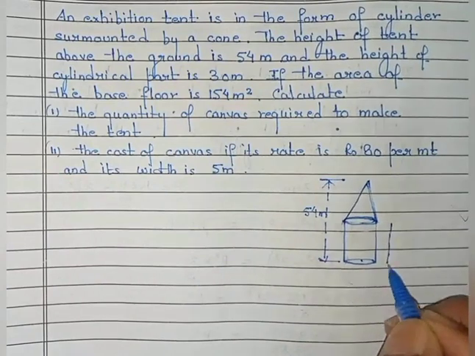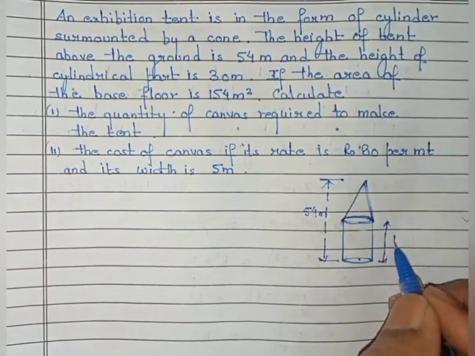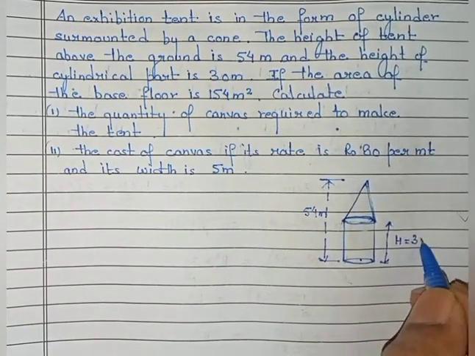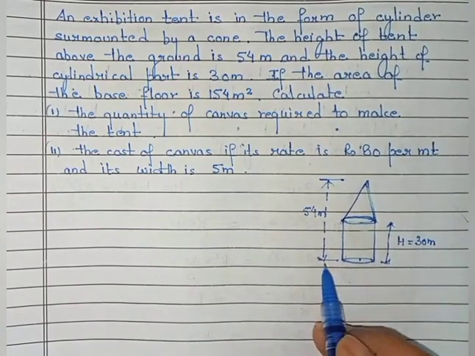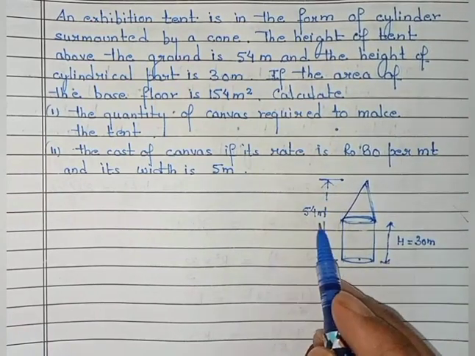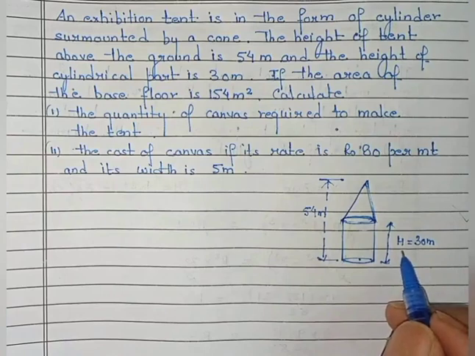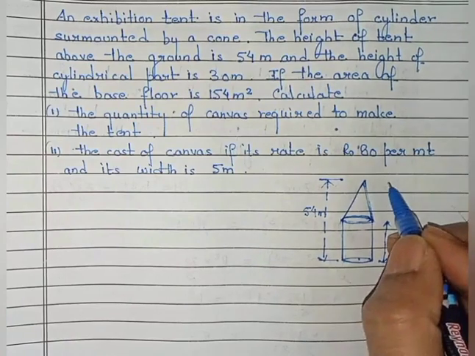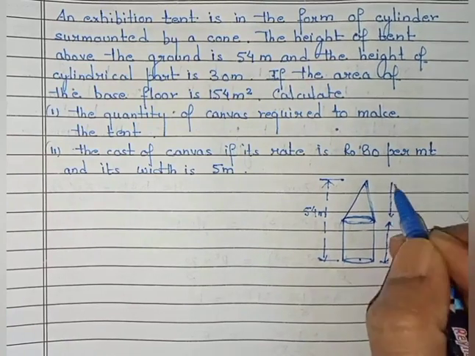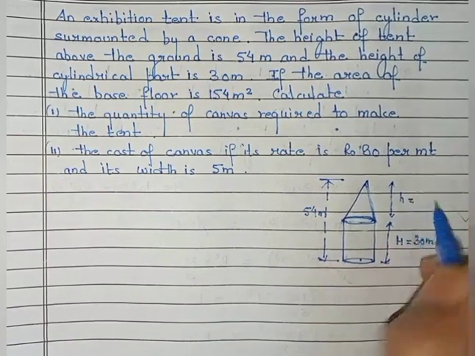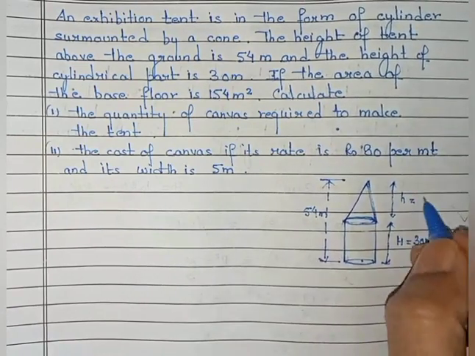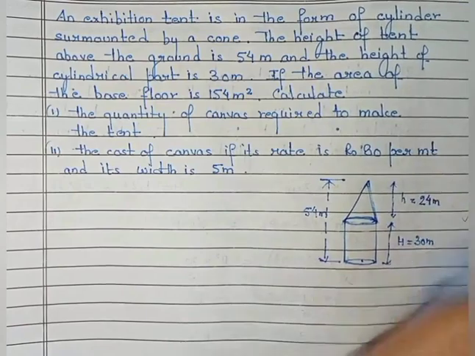So out of 54, the cylindrical portion height is 30, so the conical portion height is 54 minus 30, which is 24.